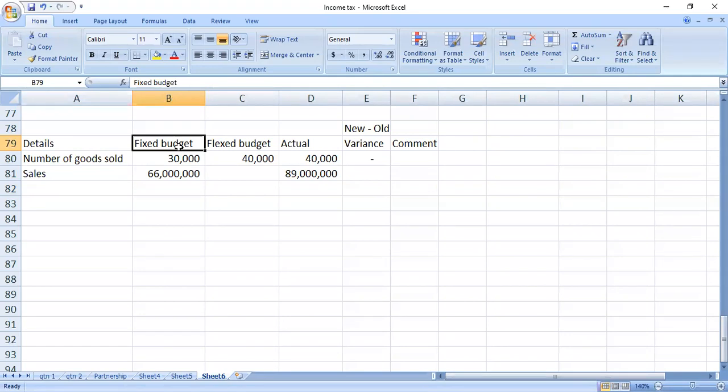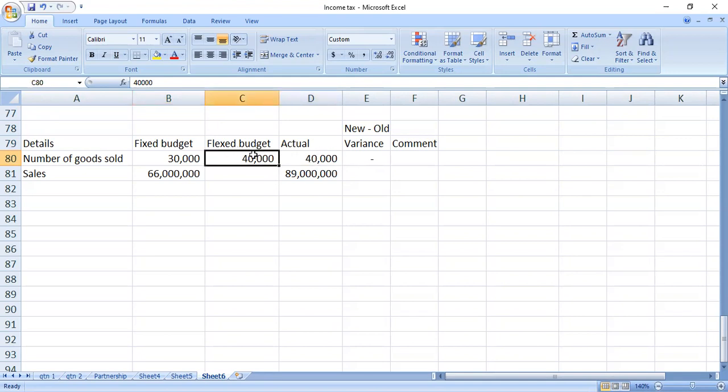And usually how you know it's different from flexible is the level of activity. If the level of activity of a budget is totally different from the one of the actual, that should tell you that that's what you call a fixed budget. It means they prepared it before the actual. So for the flexible, the level of activity must always be the same as the actual.